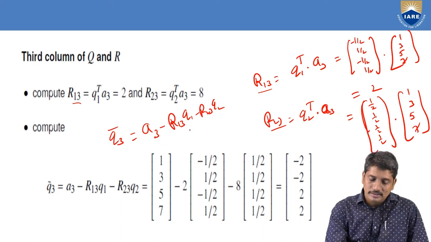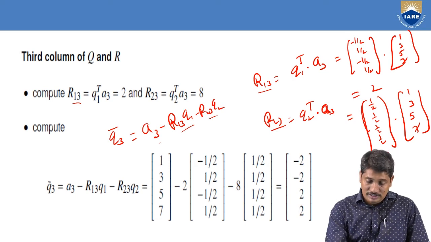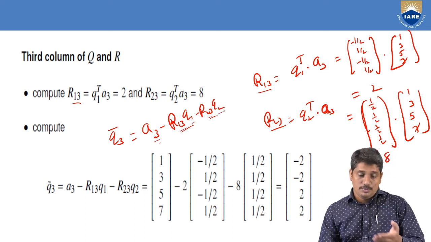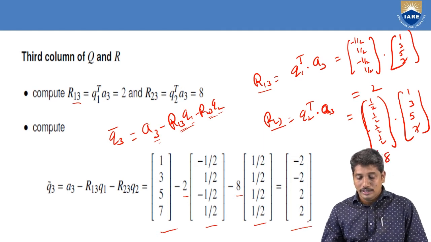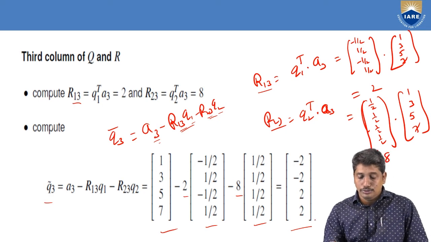We are subtracting two vectors from A3, where the first vector is R13 Q1 and the second vector is R23 Q2. Let us substitute their respective values like this, and then we get Q3 bar as minus 2, minus 2, 2.